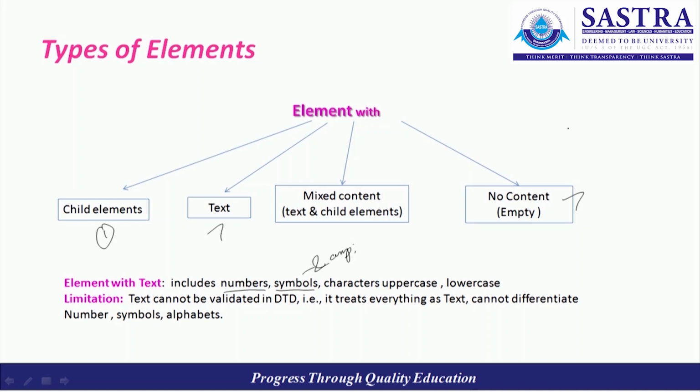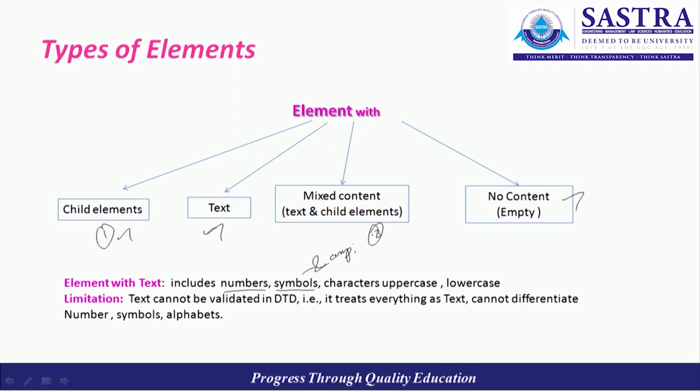Coming back to this, element with different patterns of child elements we have seen just now, and an element which is carrying text, #PCDATA has been used for defining an element to carry text. Let us have the third one, which is mixed type of content allowed for an element.